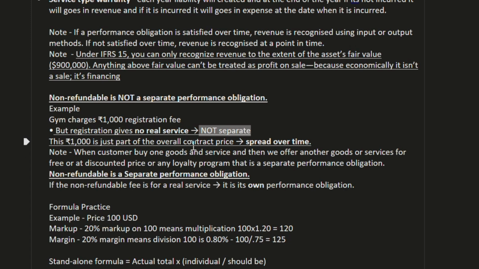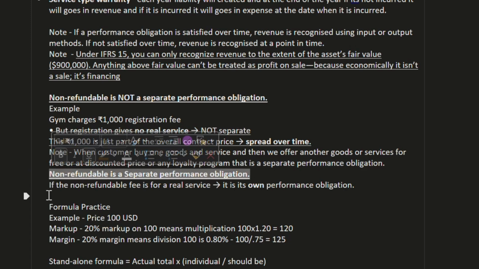For example, we took the service for 5 months, meaning we pay 5 months membership. So this 1000 will be spread over 5 months, over the time. Note, when a customer buys one good or service, and then we offer another good or service for free or at a discounted price, or any loyalty program, that is a separate performance obligation.